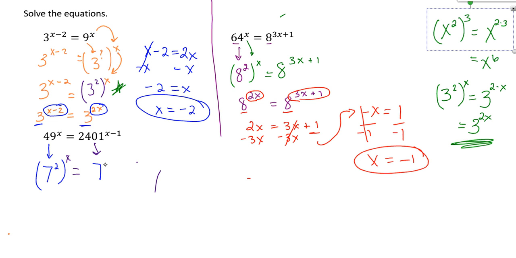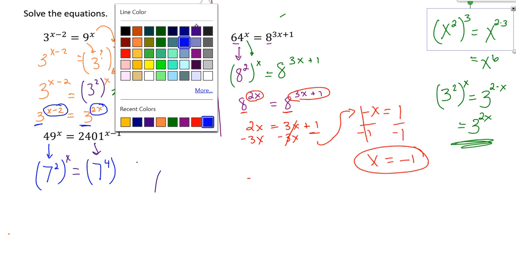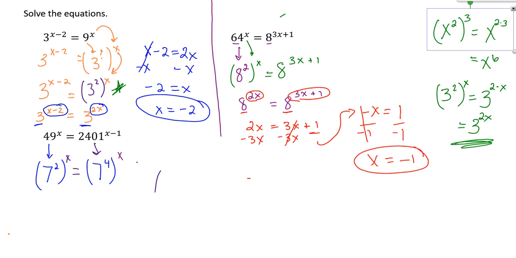So this is 7 to the 4th, and that's being raised to the x minus 1 power. Okay, the rule over here says if you have something being raised to a power, then you just multiply those powers together. This right side, it's 4 times this whole thing, so I'm going to put it in parentheses.